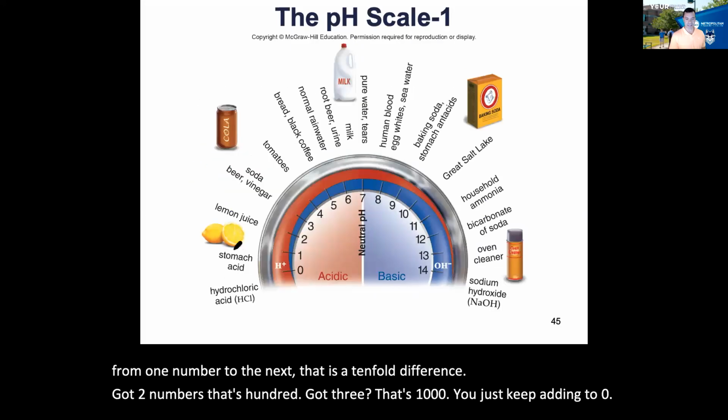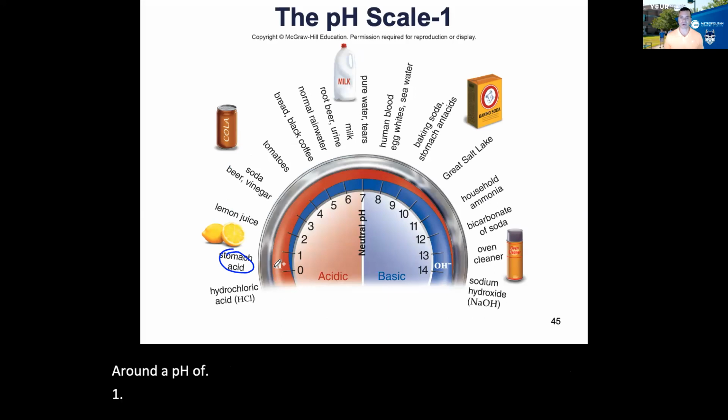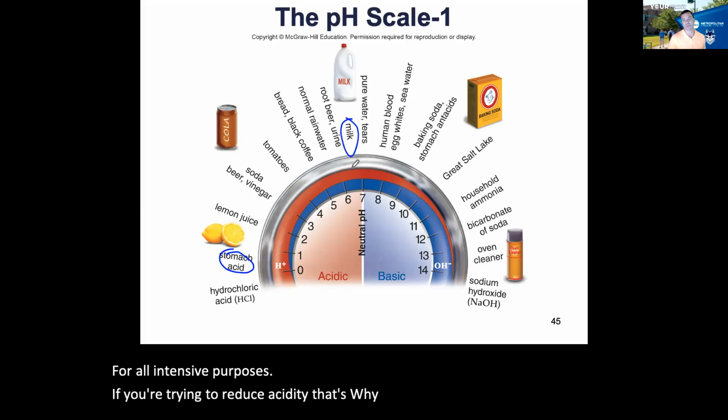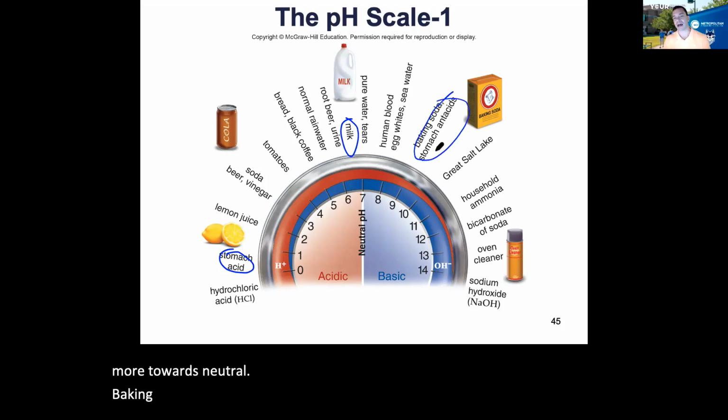And here you can kind of see, here's your stomach acid right down here, around a pH of 1 for all intents and purposes, okay? If you're trying to reduce acidity, that's why they say to drink milk, because it's more towards neutral. Okay. Baking soda, more alkaline, so it's going to decrease acidity.